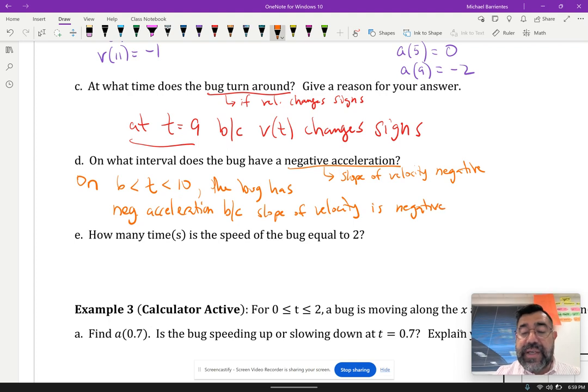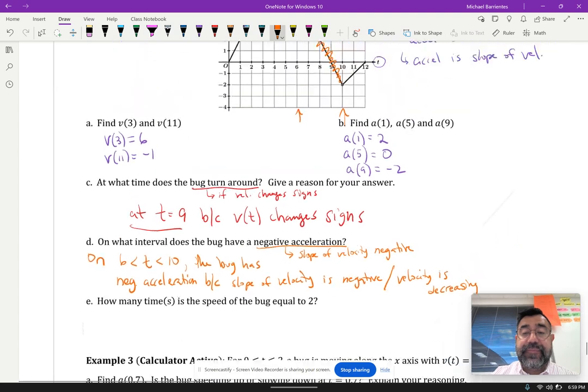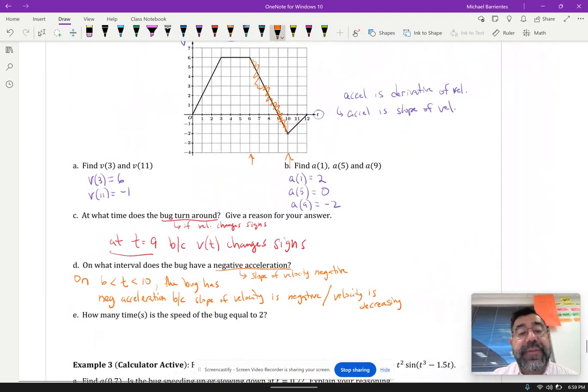You can also say because velocity is decreasing. So between 6 and 10, the slope is negative, therefore the velocity is decreasing, and that's where we have negative acceleration. Awesome. So far, so good.